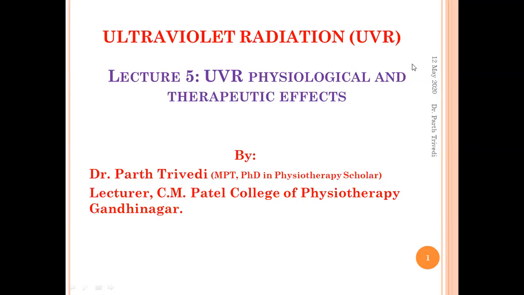Then dosage calculation, what is minimal erythemal dosage and how to progress with the dosage. So from lectures 1 to 4, we had seen all those in depth. This one is the lecture regarding what UVR does to the system and how we can use it for therapeutic purposes. So this is our last lecture for UVR.